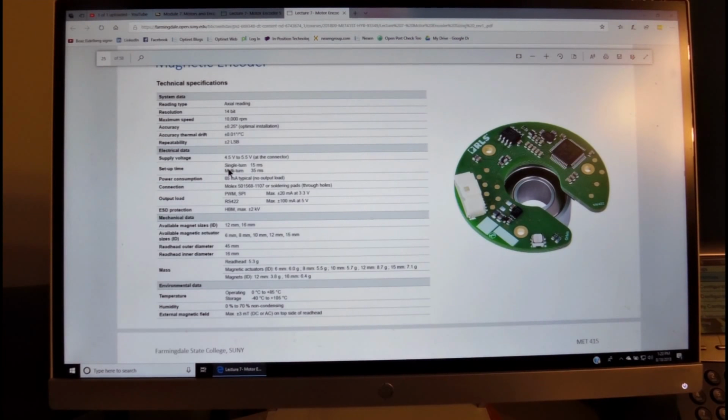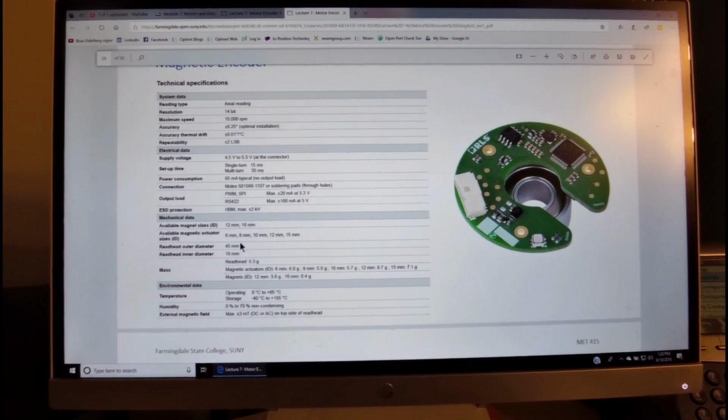It also tells us the setup time, and over here we see the format in which the signals are transmitted, which is 422. How many volts does it take? It takes 5 volts and 100 milliamps to run this encoder.